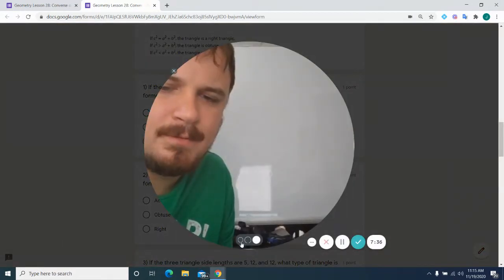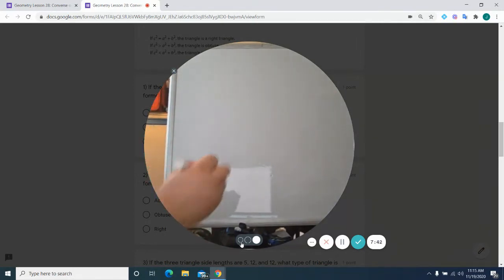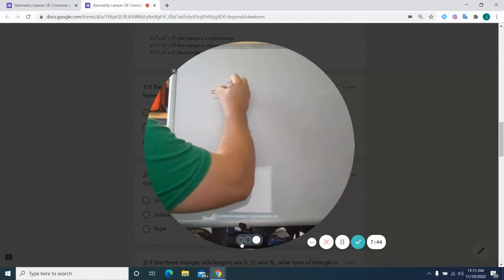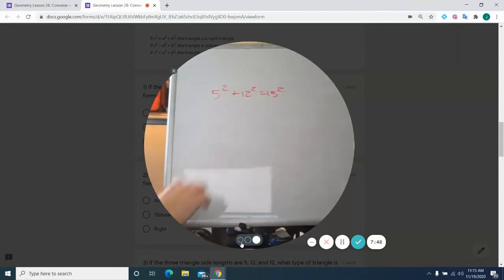So let's do the first one. For number 1, we're given the sides 5, 12, and 13. So just set it up. 5 squared plus 12 squared equals 13 squared. And then just take your calculator and we're just going to solve. So 5 squared is 25. 12 squared is 144.